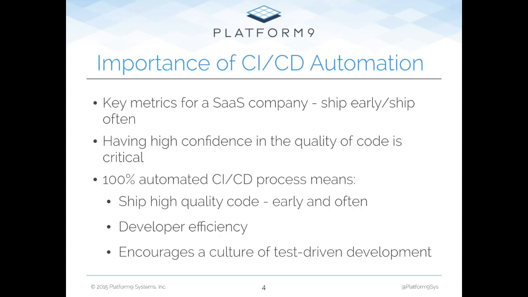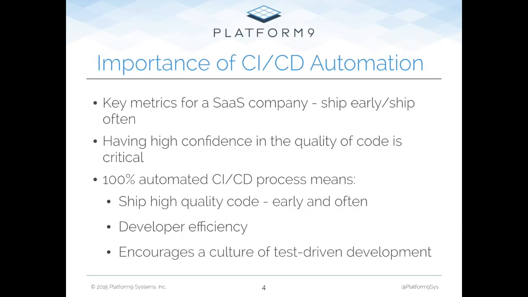So let's get started by first talking about the importance of a completely automated continuous integration workflow. And I'm going to speak a little bit from the perspective of Platform 9. We are a SaaS company. What we do is we make production-grade OpenStack available to our end users as a service.